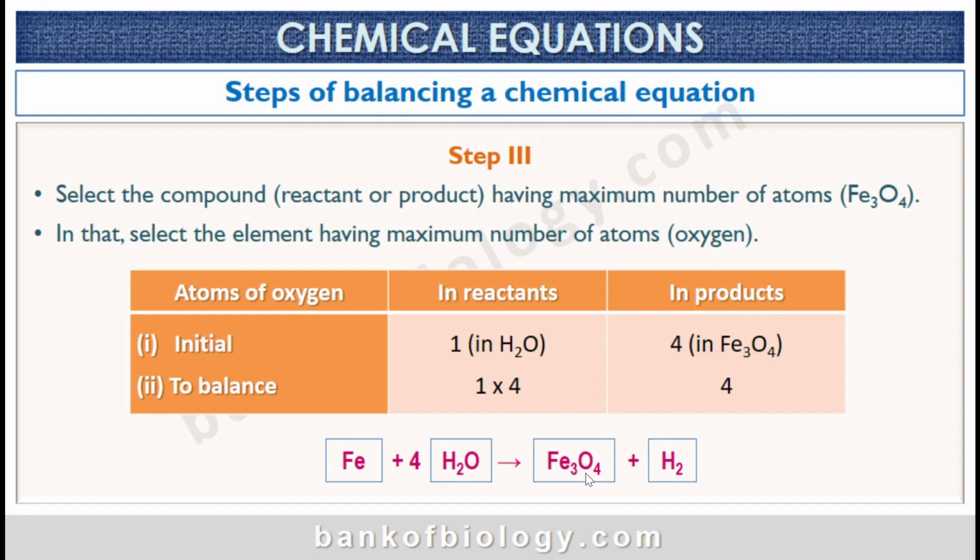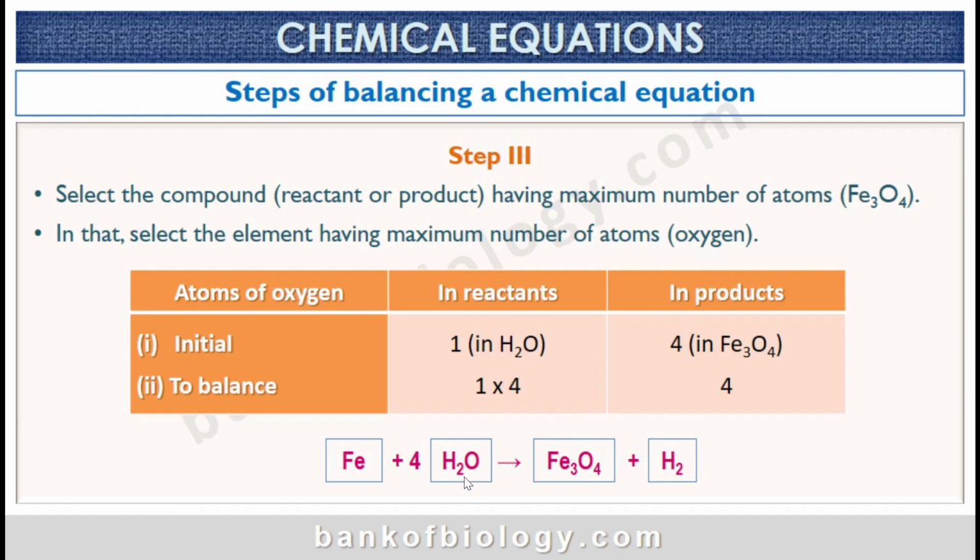So let's take oxygen, 4. On the left-hand side, H2O is the compound with the most atoms, and hydrogen is 2. The oxygen on the reactant side is 1, but on the product side it is 4. First multiply H2O by 4 on the reactant side. Now oxygen is balanced.